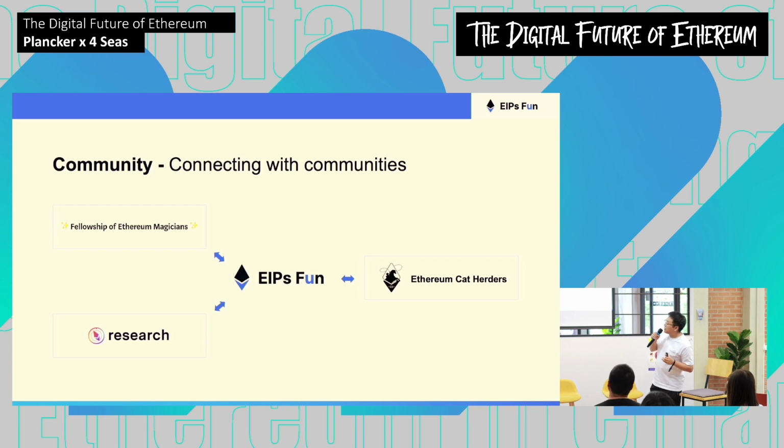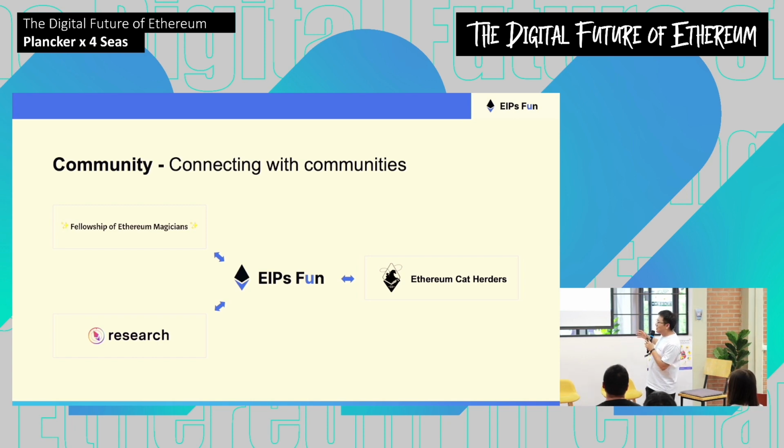Speaking about the community part, EIPs Fun is going to connect with communities. There are some communities in Ethereum working on different parts, and we can be the connector between them. For example, we can grab the discussion from the Ethereum Magicians forum and show it on the details page.